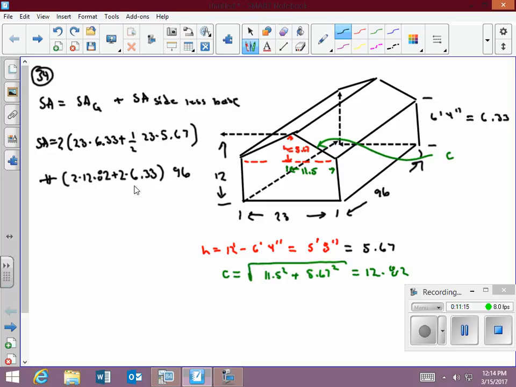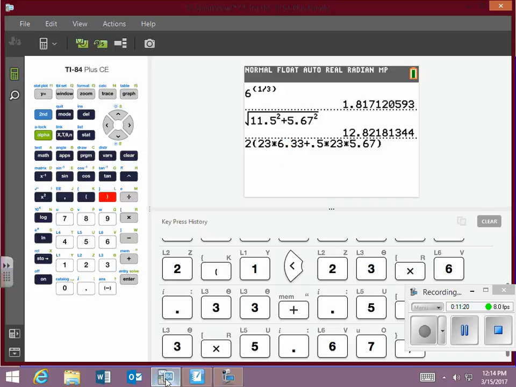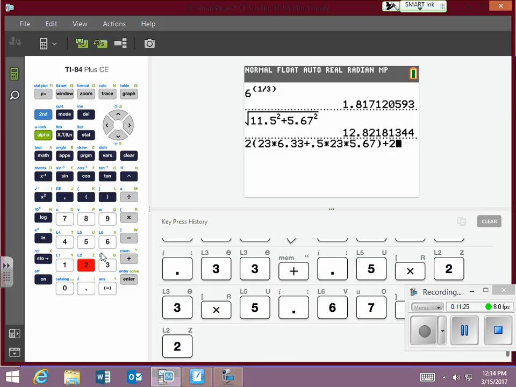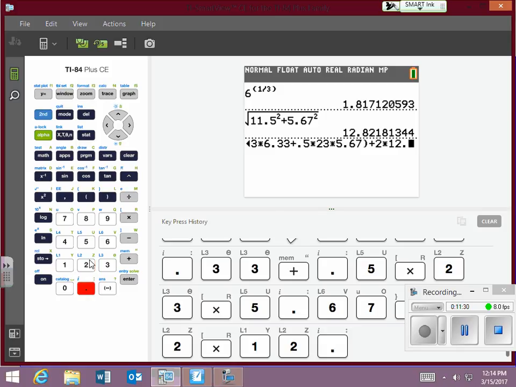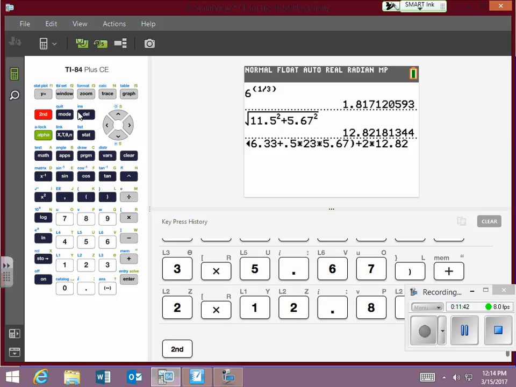Oh, that's 12.82, okay. Plus 2 times 12.82, right? Dang it, I didn't put that bracket in. What did I do?